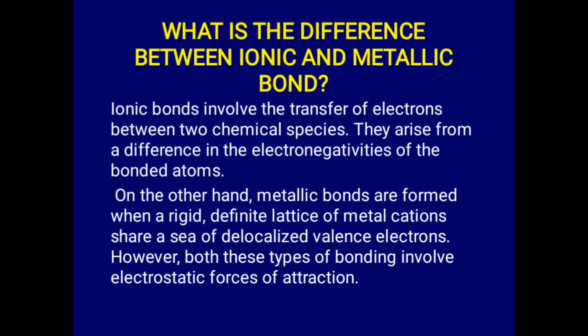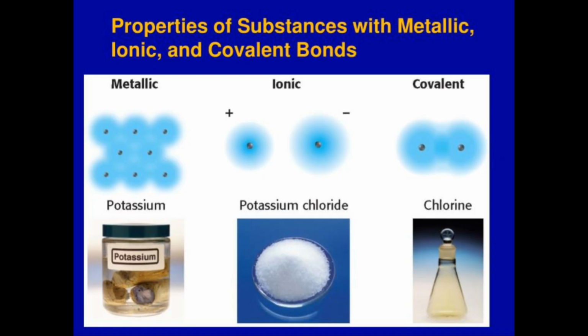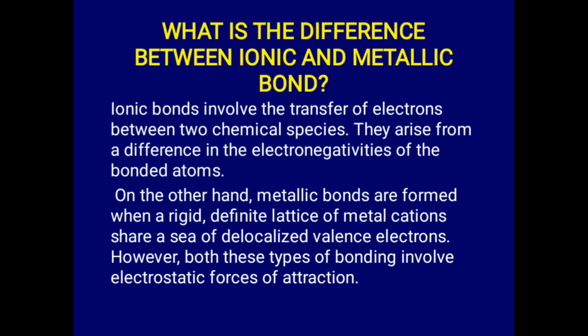Let's look at the difference between ionic and metallic bonds. Ionic bonding involves the transfer of electrons from the metal, which is positive, to the non-metal, which is negative. So it involves transfer of electrons between two chemical species, and it arises from the difference in electronegativities of the bonded atoms.